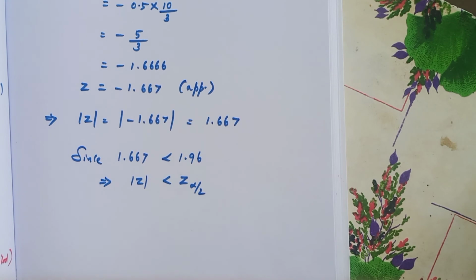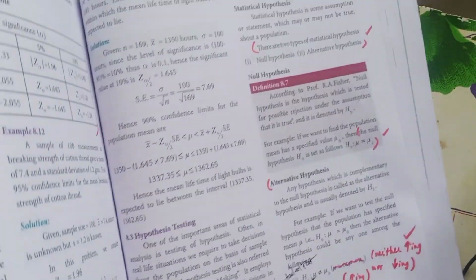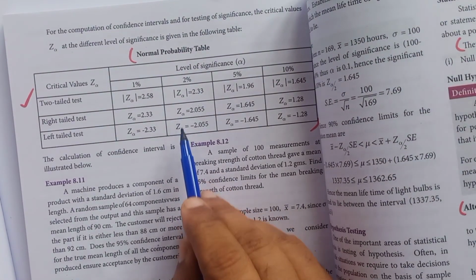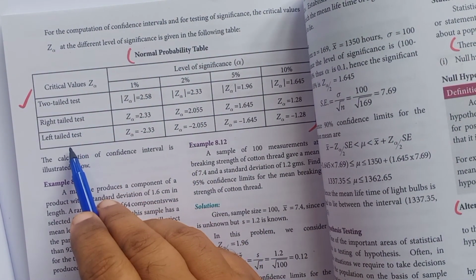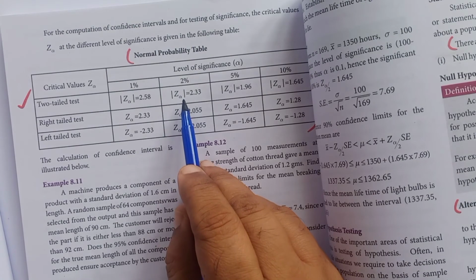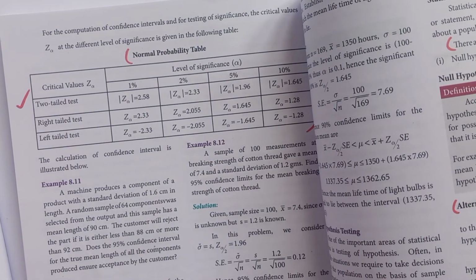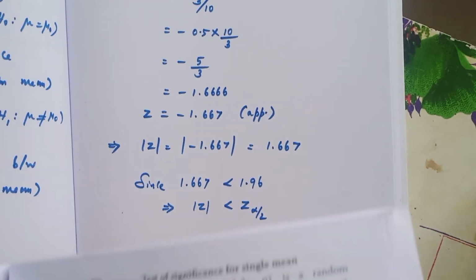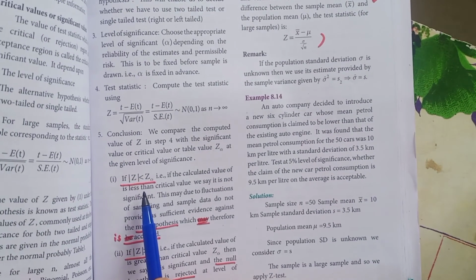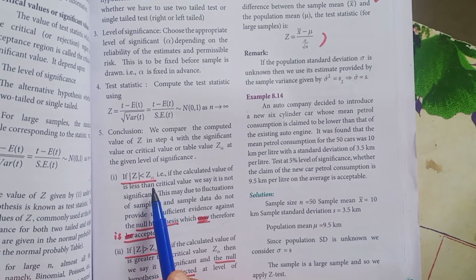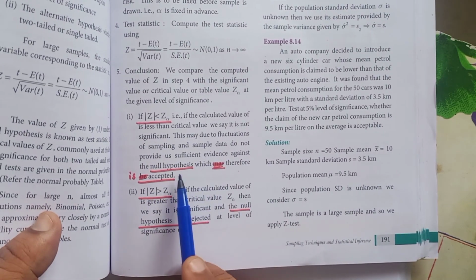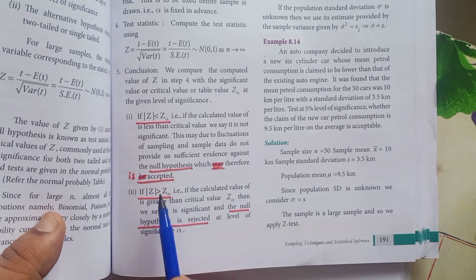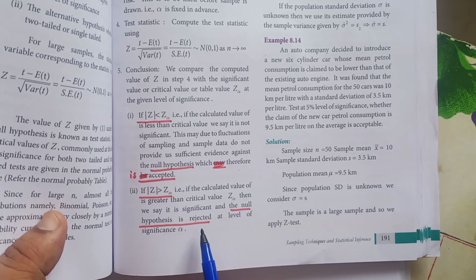Remember, you can refer to the table: Z alpha for right-tailed and left-tailed tests. So modulus only for the two-tailed test. Again, look at that. If modulus of Z is less than Z alpha or Z alpha by 2, the null hypothesis is accepted. If it is greater than, the null hypothesis is rejected.